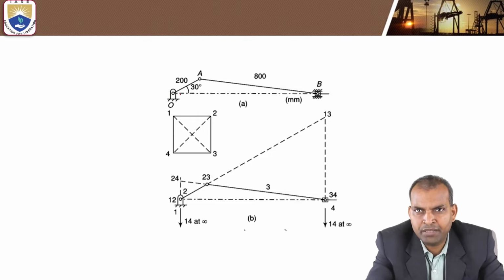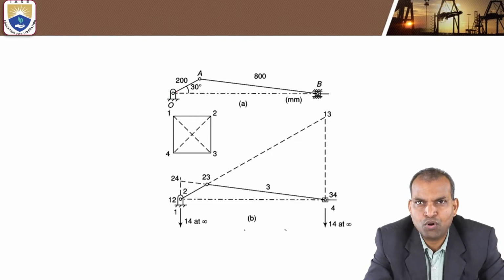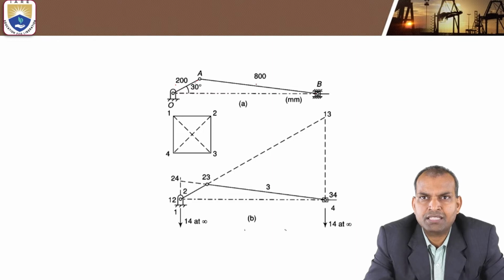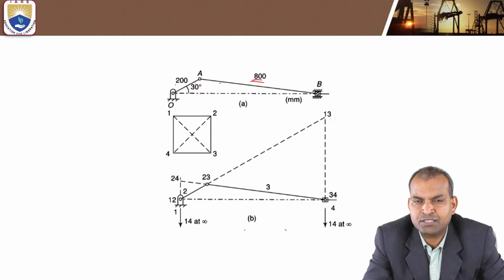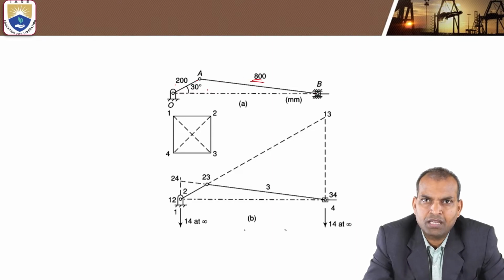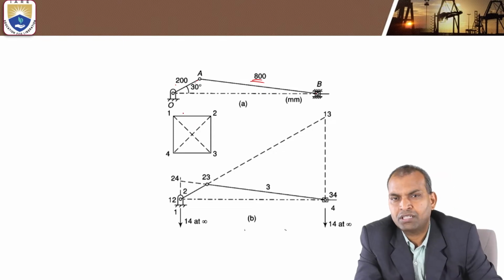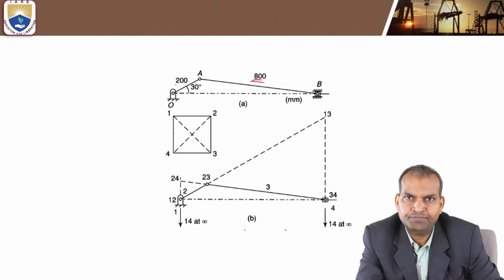This is 200 millimeter OA, OA is the crank having 30 degrees inclination, and AP is the connecting rod having 800 millimeter length. Now, after drawing the configuration diagram, by using the I center diagram we have to locate the I centers.